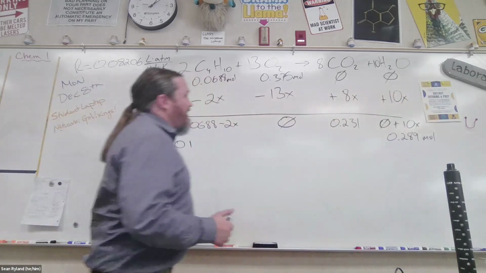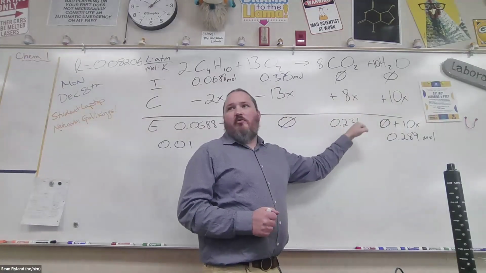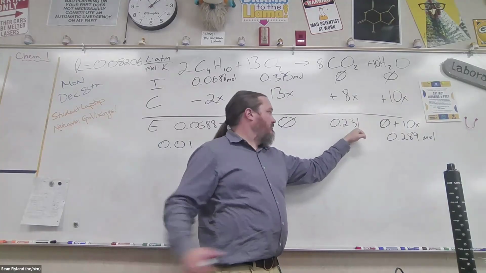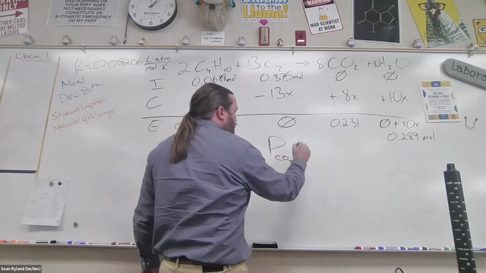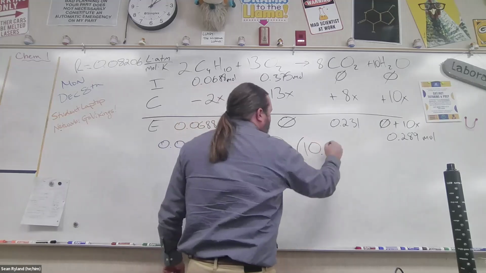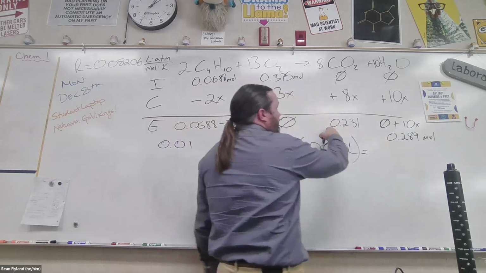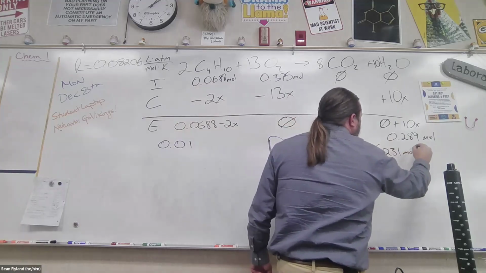Right, so if we want to know the partial pressure of CO2, we take the moles of CO2 and we plug it into PV equals nRT. So pressure is what we're solving for. CO2, volume is 10.0 liters. Moles for CO2, it's 0.231 moles.